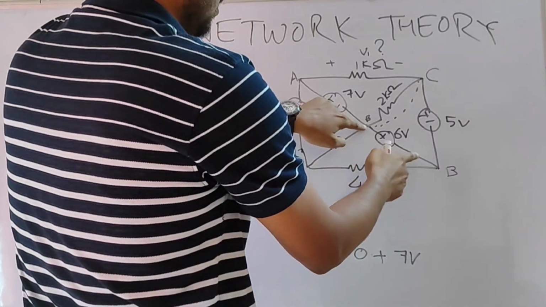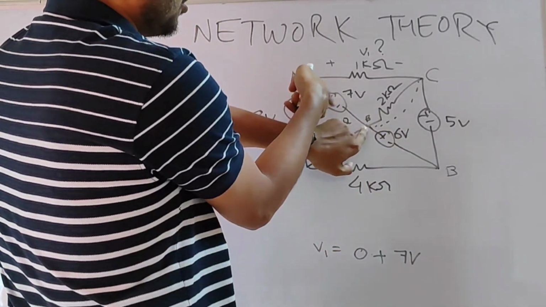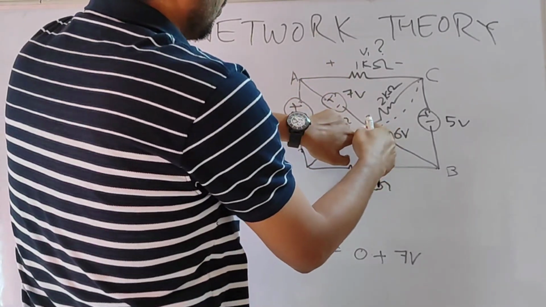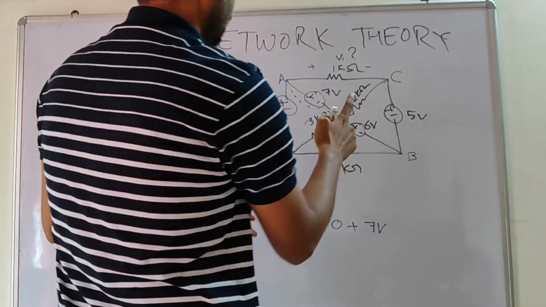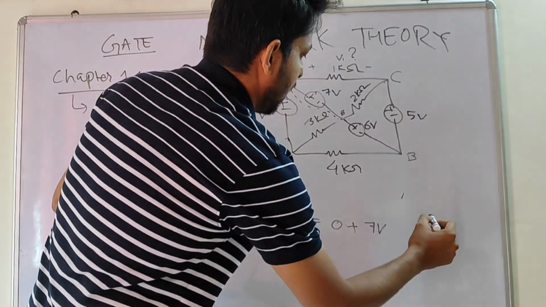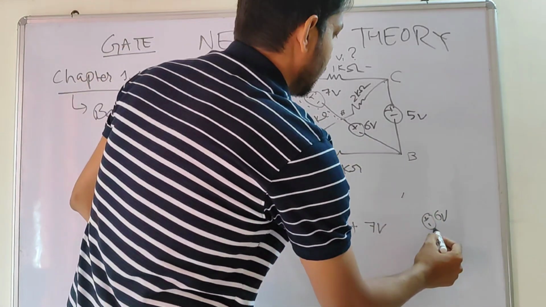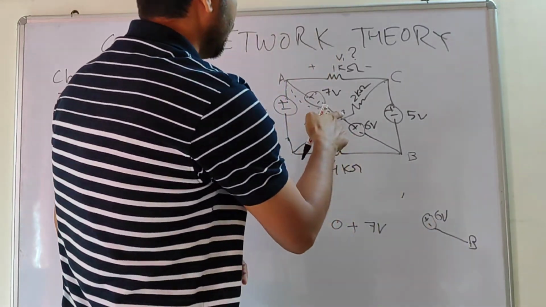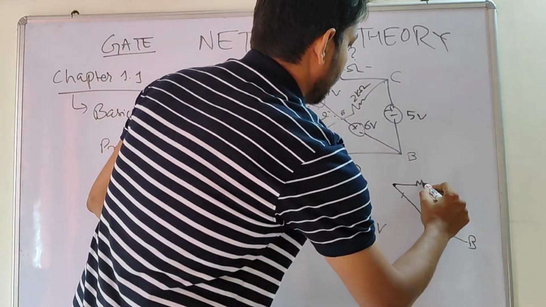Similarly, let's do it for the 6 volt source, this one. Again, B and A would be shorted if you remove these, so B and A are the same point. Let's draw the circuit, how it looks. We have this 6 volt source, which is connected to B. This is not there, and here we have 1 kilo ohm.